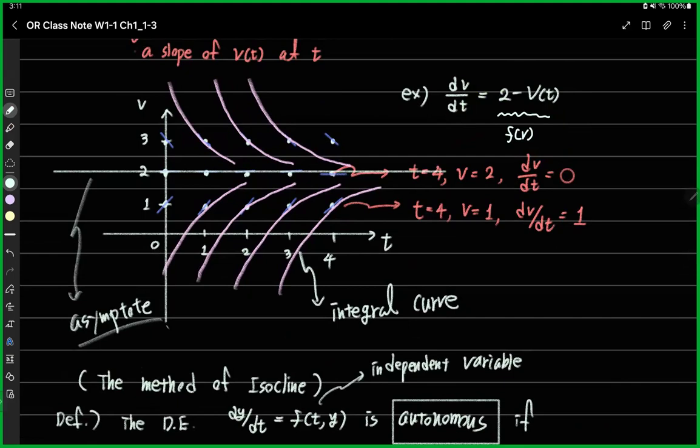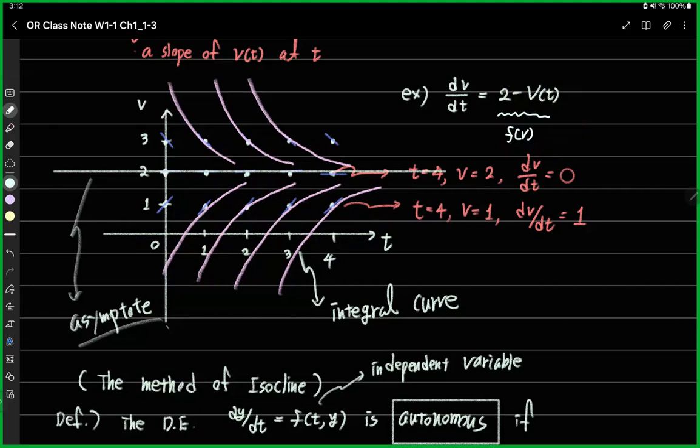And then we did draw the direction field of this differential equation. As you can see, along a horizontal line, the slope of v, which means dv/dt, is identical, right? It is 1, 1, 1, 1, 1, something like that, because this function does not depend on t.